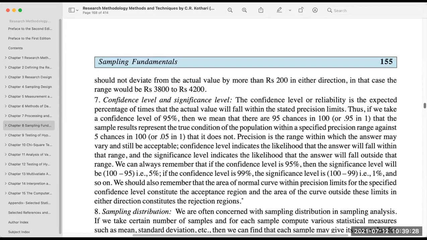That may be Poisson, that may be binomial, any kind of distribution. That can be converted to the normal distribution. And once that is converted to normal distribution, the concept of the normal distribution can be applied. So it's better to have the idea of the normal distribution, that can be applied anywhere.